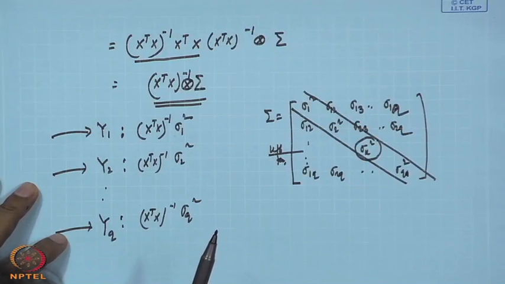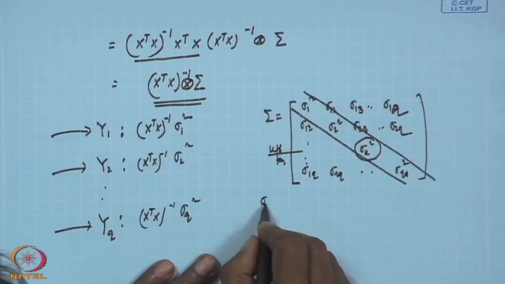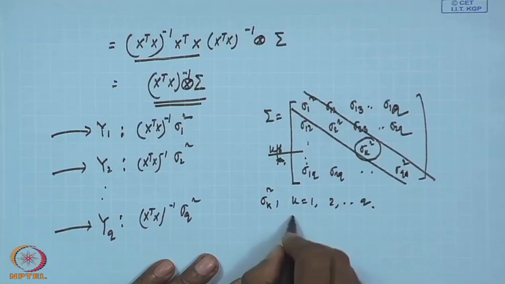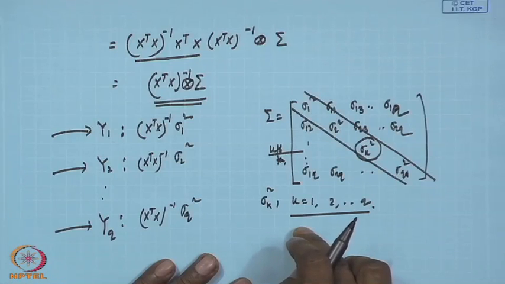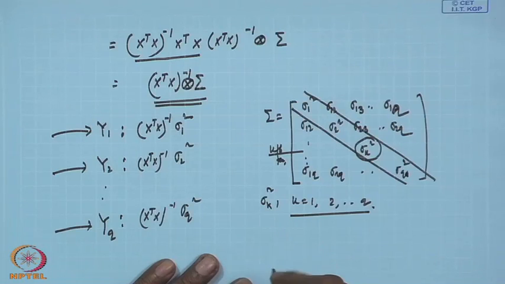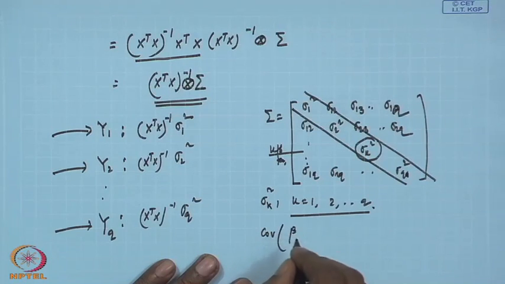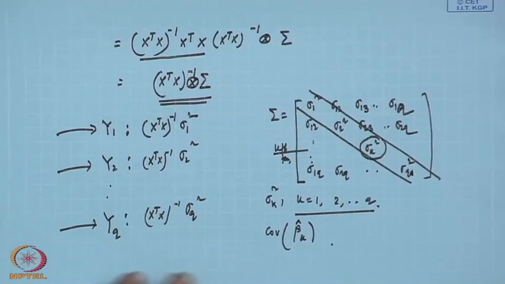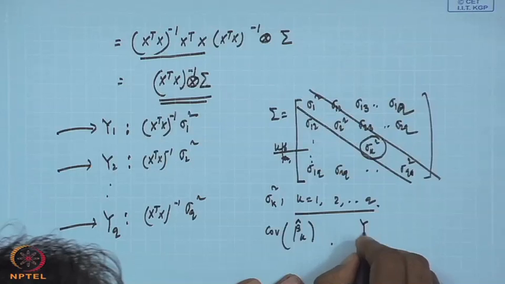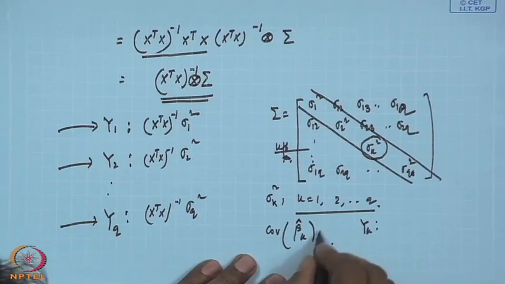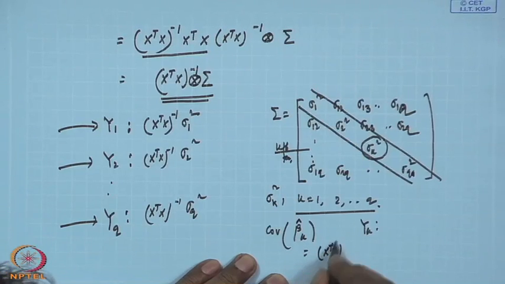Okay. Now, that means I must know sigma k square for k equal to 1 to q. If you know this, then you know the variability part, the covariance of beta k. Getting me? What I mean to say is that if I consider the yk variable, in that case the covariance of beta k will be X transpose X inverse sigma k square.